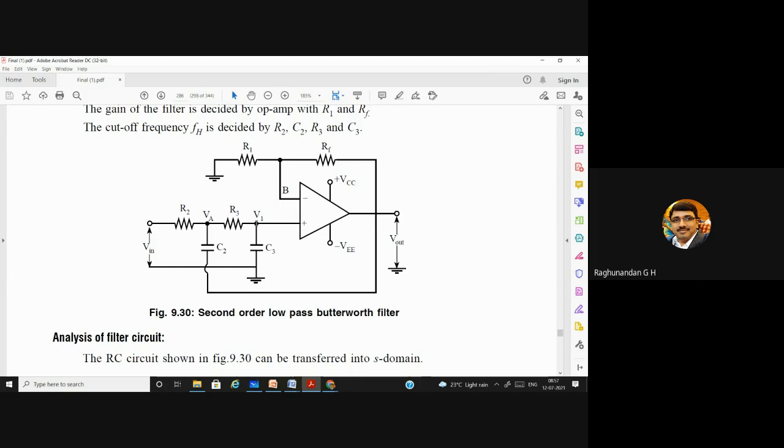Which component will have this V1 appearing across it, and why? Across which component is this node voltage V1 going to appear?